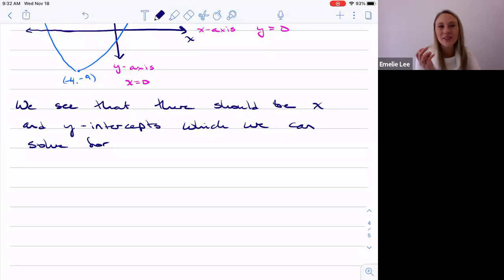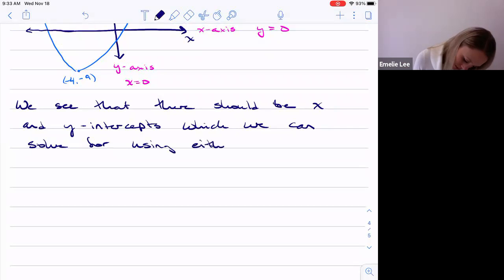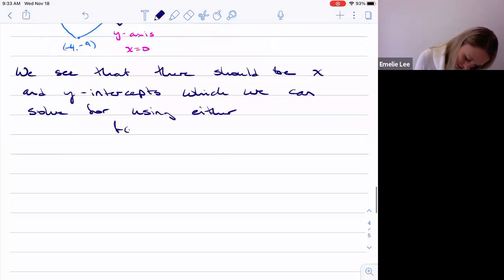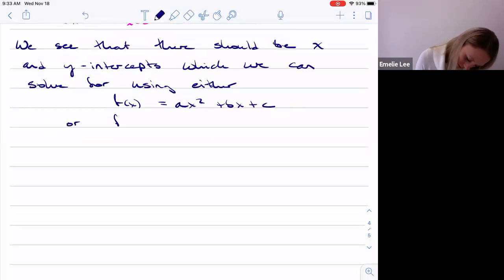You can use either the general form or the standard form, using either f of x equals ax squared plus bx plus c, or f of x equals a times x minus h squared plus k.